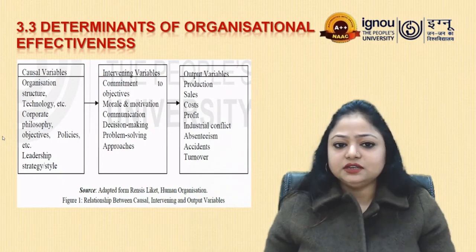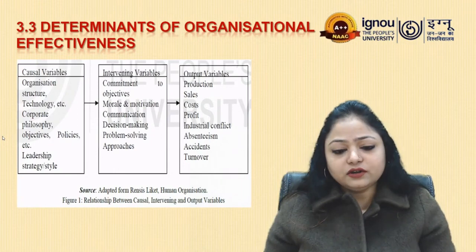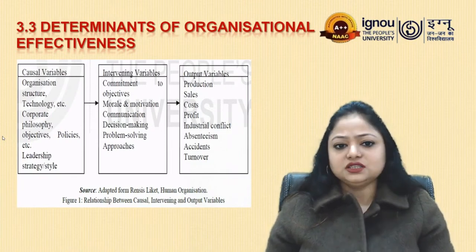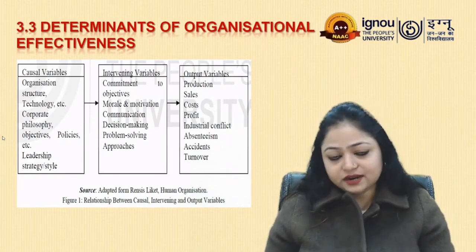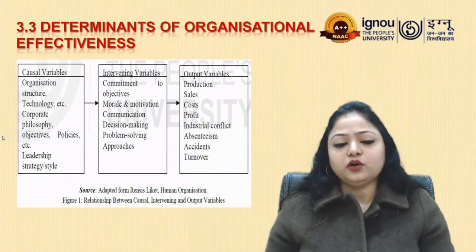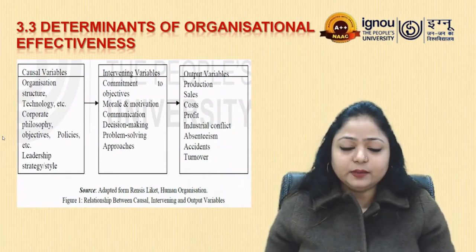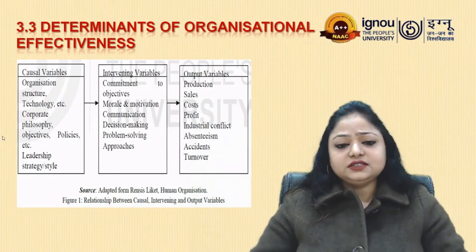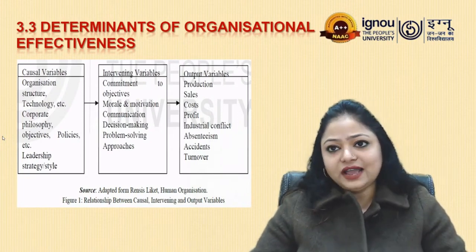Now the production, the profit, cost, sales, industrial conflict or its resolution, then accidents, turnover, absenteeism. These are the negative outputs, of course, but positive outputs are also there, like production, sales, cost, and profit. But the variable is going to be the combination of all these sub variables or sub factors.